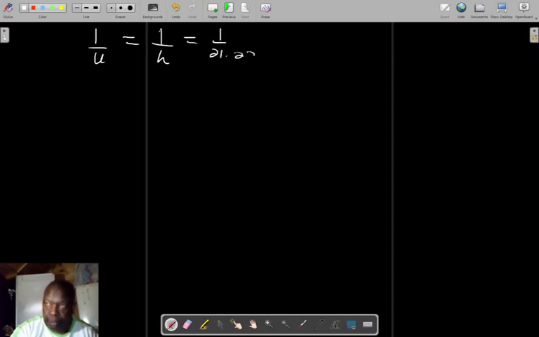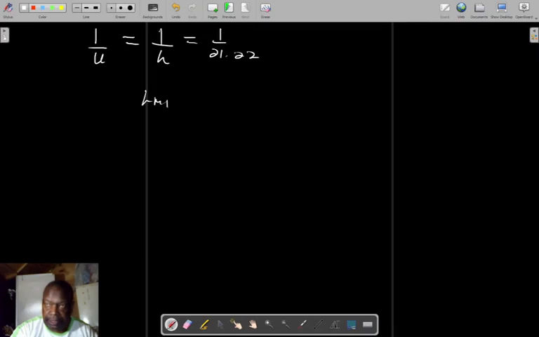Now the overall heat transfer coefficient can be found from this, which is equal to 1 over 21.22.